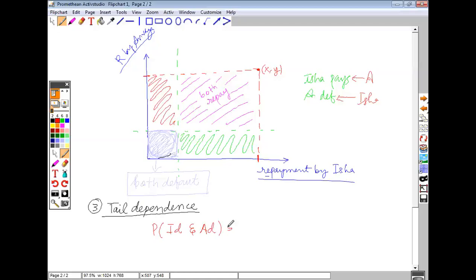What do you guys think this will be? Let me just say that the probability that Isha defaults is 0.05 and the probability that Anvaya defaults is 0.1. Then what do you guys think will be the probability that both Isha and Anvaya default?